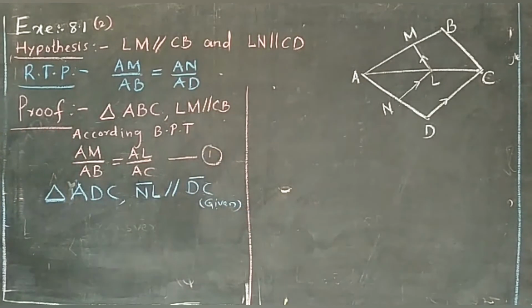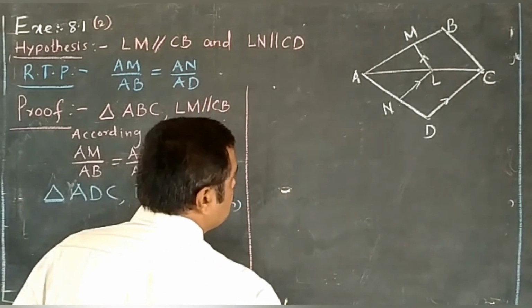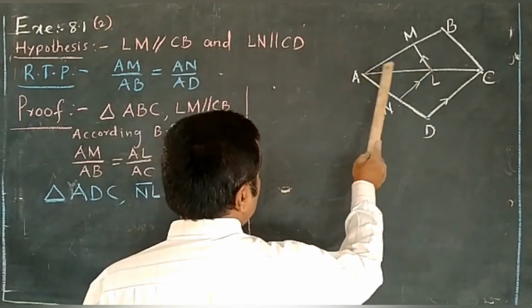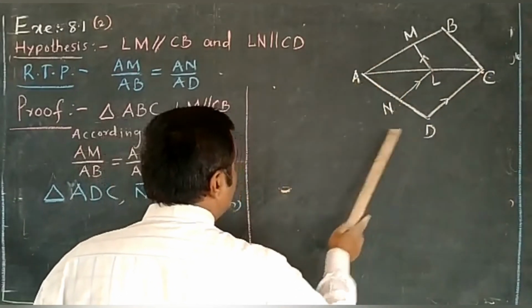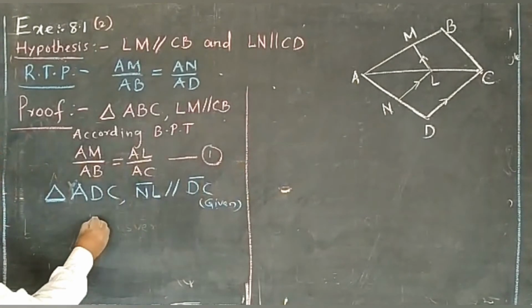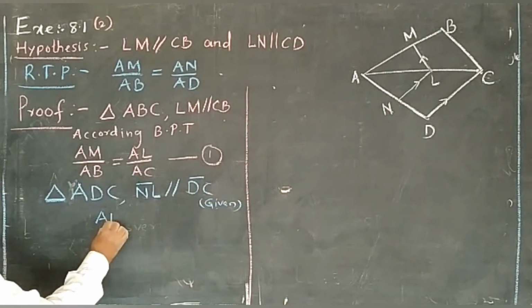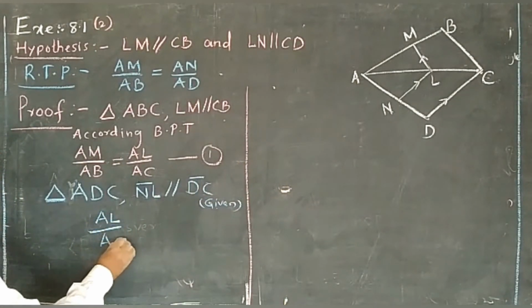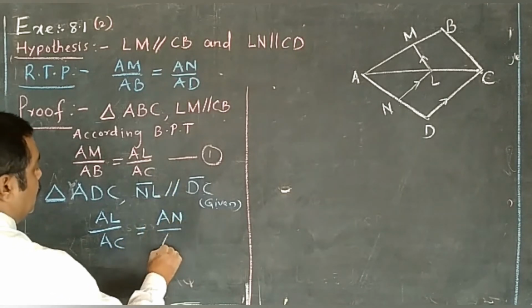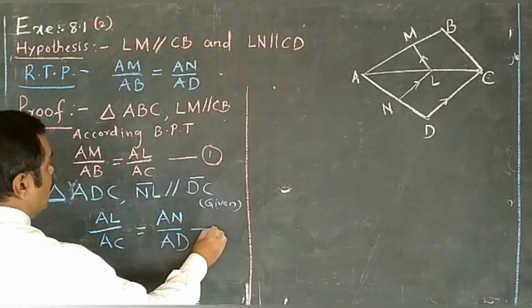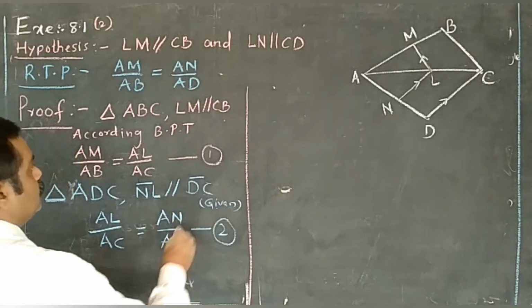When NL is parallel to DC, according to the basic proportionality theorem, AL by AC is equal to AN by AD. That only I am going to write here. AL by AC is equal to AN by AD. This is equation number 2.